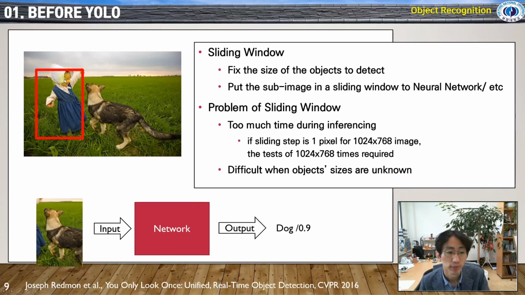If we want to detect a very small person, then we have to make another, very small window once again. If the sliding step is 1 pixel for this size of image, then we have to test lots of times, and this is multiplied by the shape of this window. So it takes lots of time.